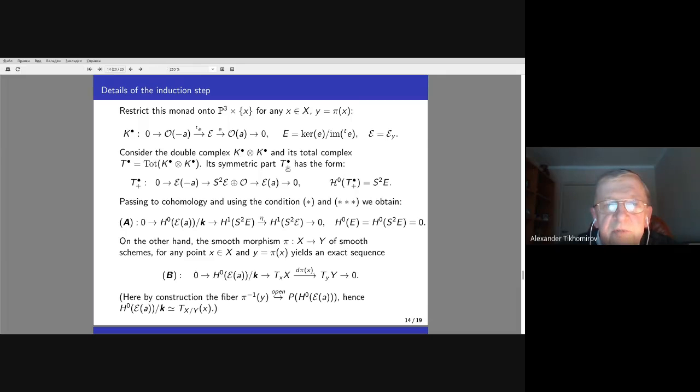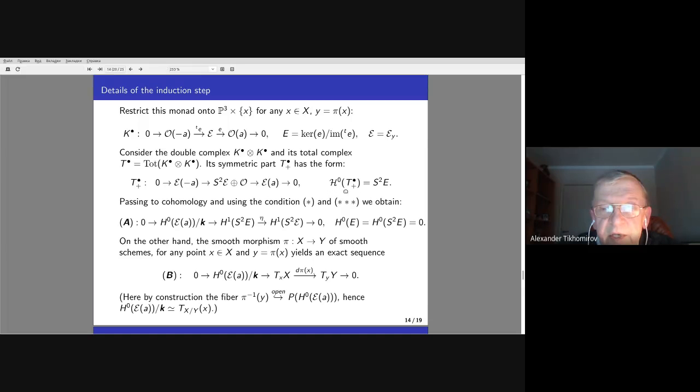So T bullet is just the direct sum of its symmetric part and anti-symmetric part. And the symmetric part has the form which comes from the original monad. So this is E minus A at the left hand, the dual bundle E(A) at the right hand, and symmetric square E plus trivial sheaf at the middle.